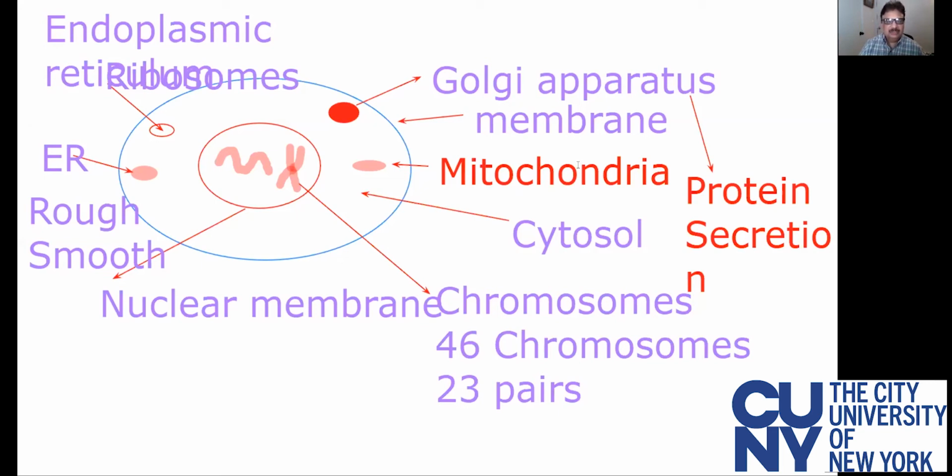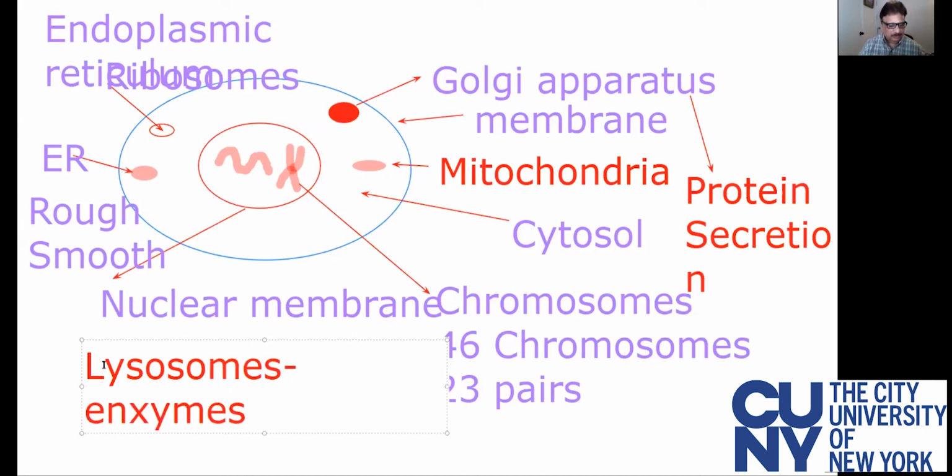So these single cells have additional organelles called lysosomes. They contain enzymes that help in digestion. Lysosomes are small sac-like organelles that contain digestive enzymes that help to digest.